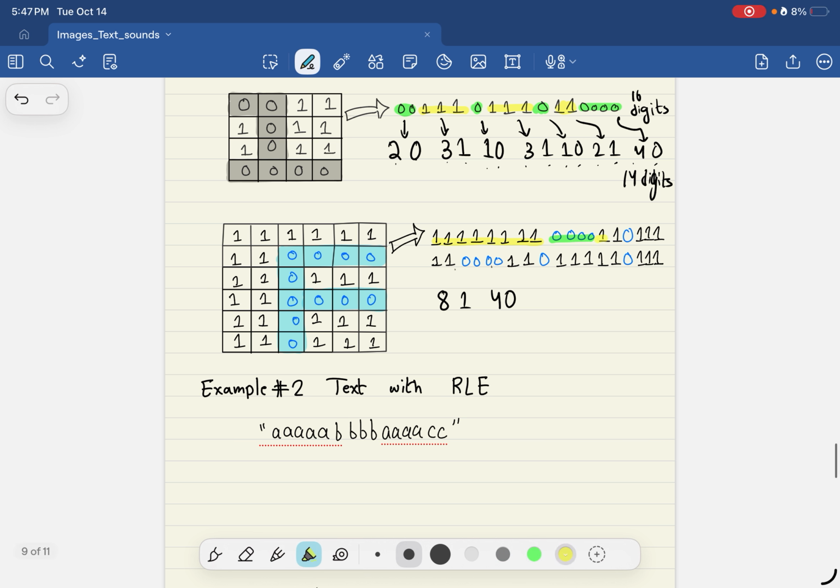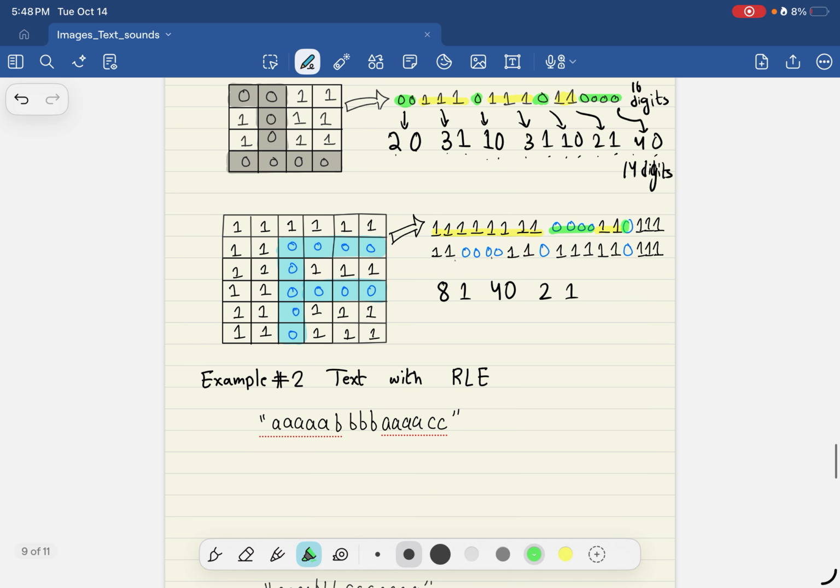Then there is 2 ones, so there is 2 and a 1. Then there is 1 0, and then again 1 2 3 4 5 ones. So 1 0 and then 5 ones. Then there is going to be 4 zeros, so 4 and a 0.